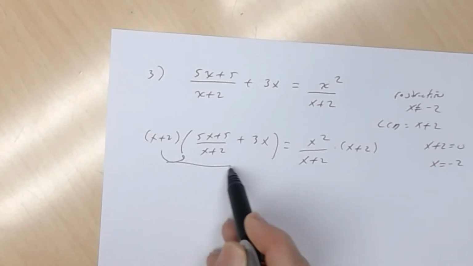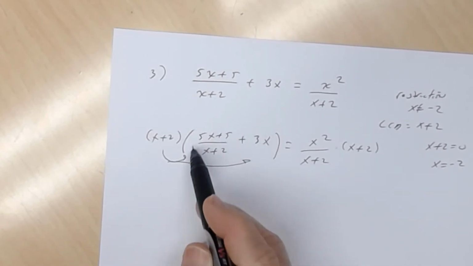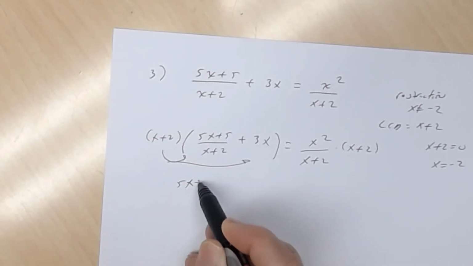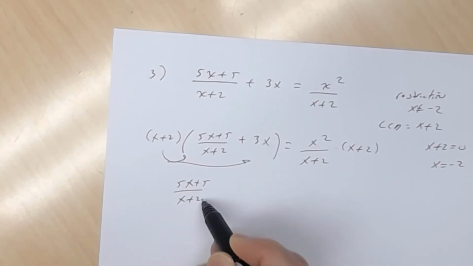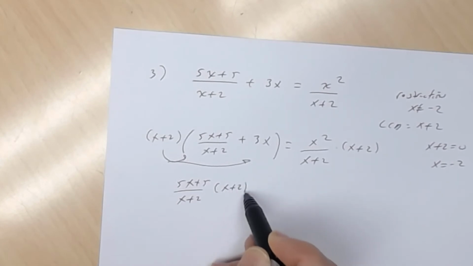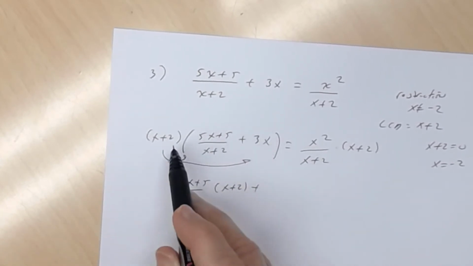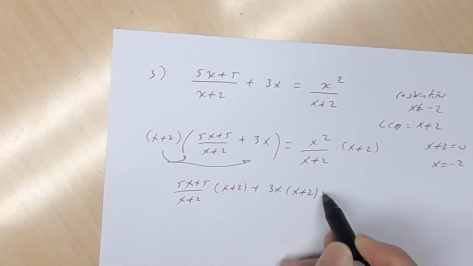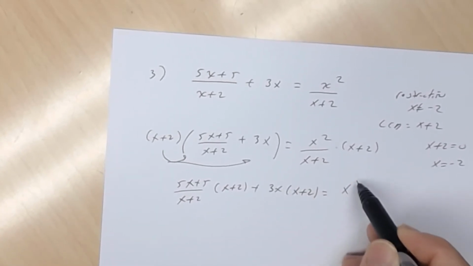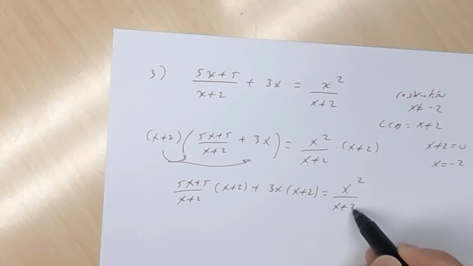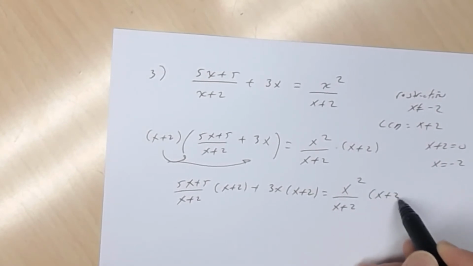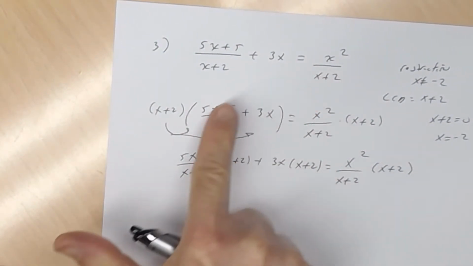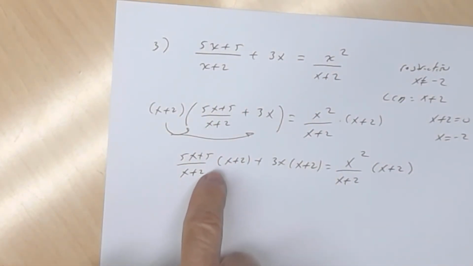Distribute. All right, so let's write these first and then multiply by that. So this is going to be (5x + 5)/(x + 2) times (x + 2) plus 3x times (x + 2), equal, I'm going to rewrite this over, x²/(x + 2) times (x + 2). All right, now notice I multiplied every term by x plus 2.